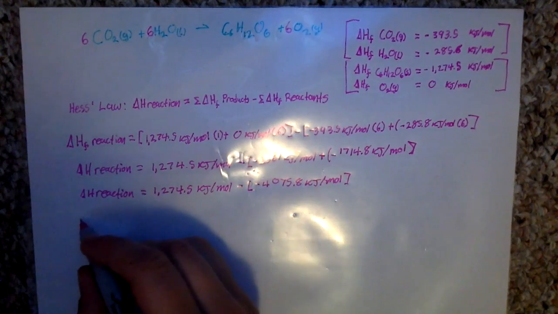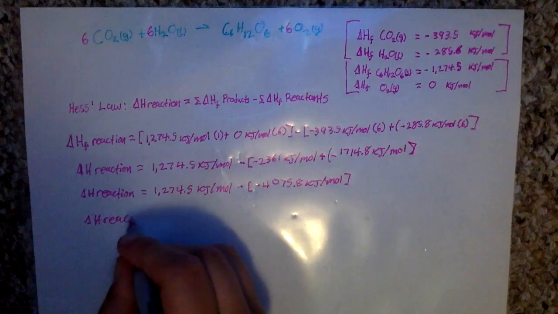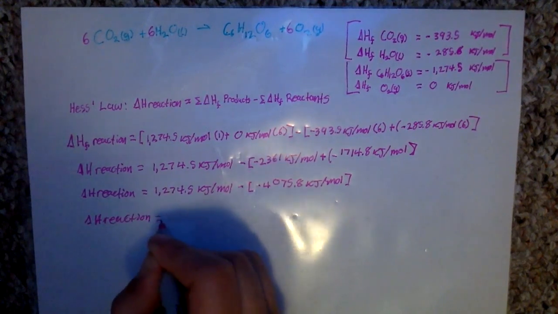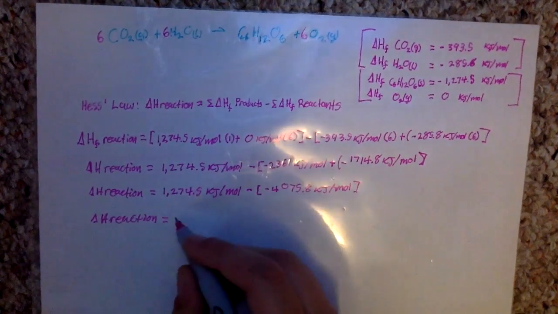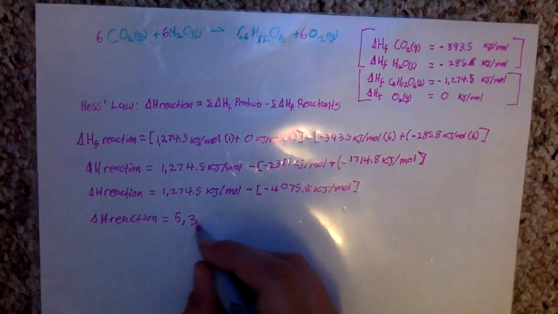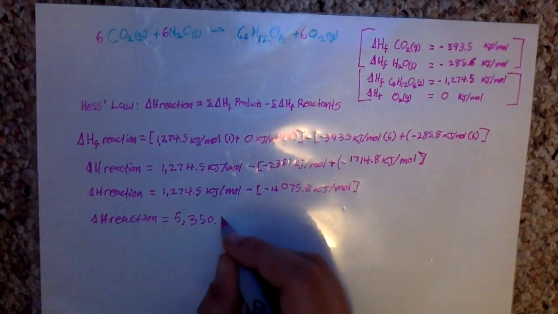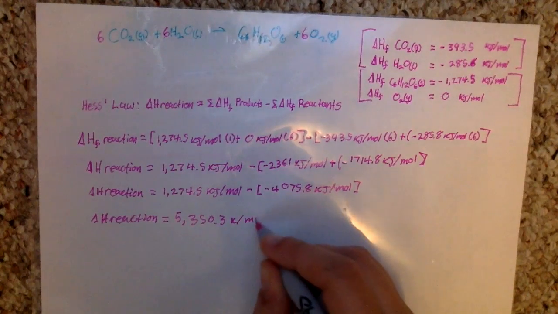And last step here, and so here our final answer is we are going to have 5,350.3 kilojoules per mole.